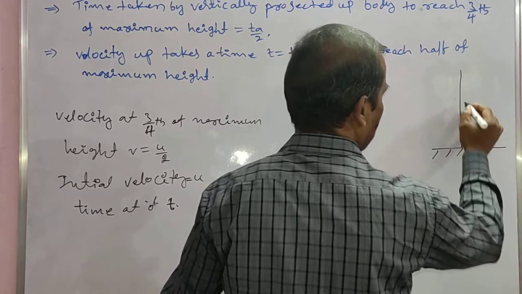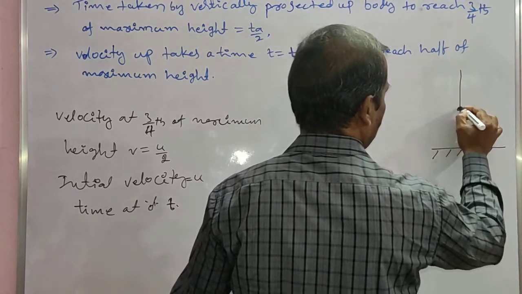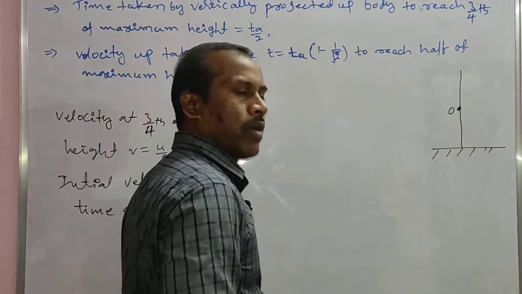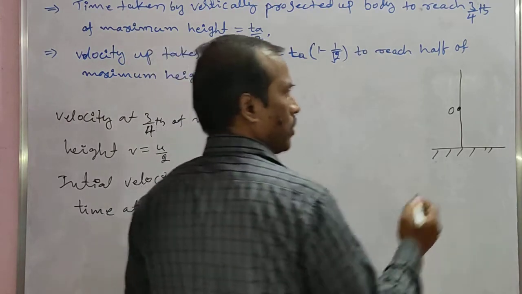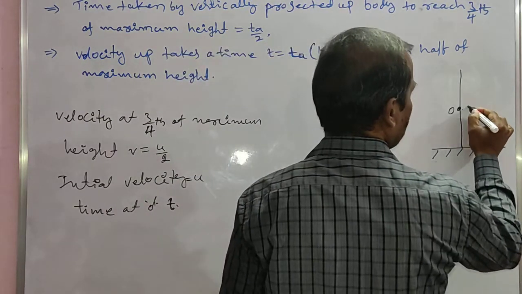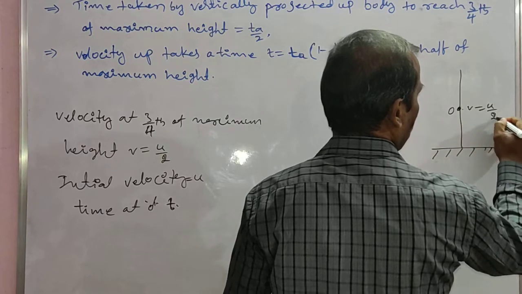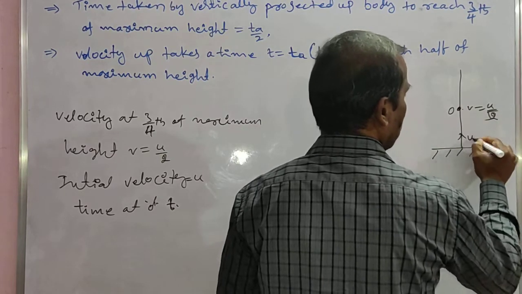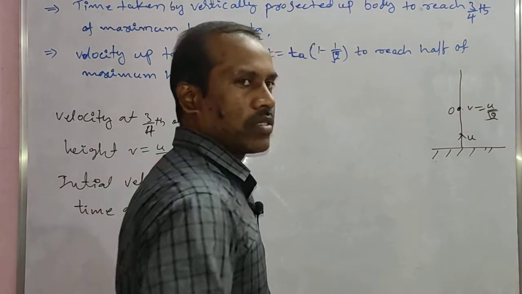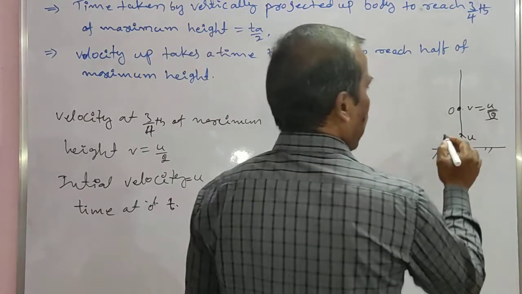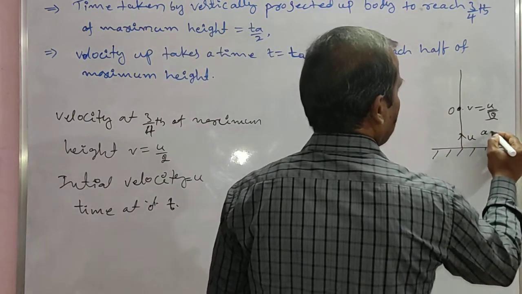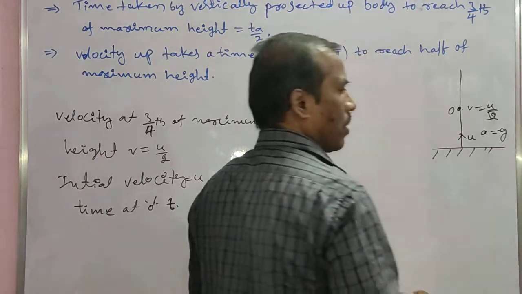At O, the half of the midpoint, half of the maximum height, the velocity is v equal to u by root 2, where u is the initial velocity and a is equal to minus g.